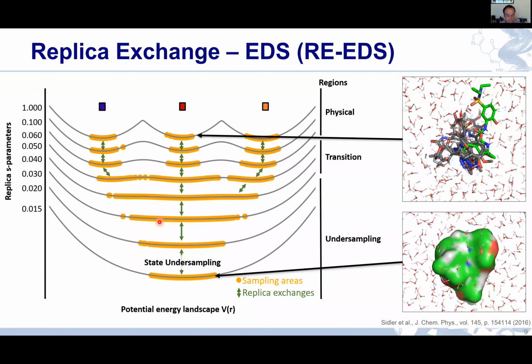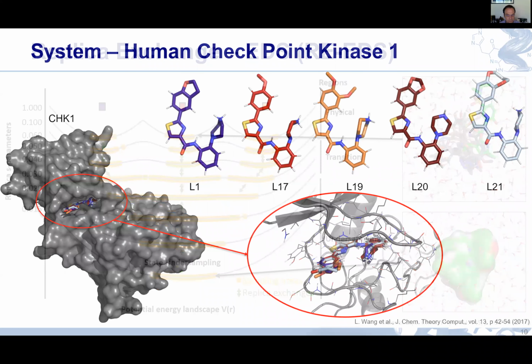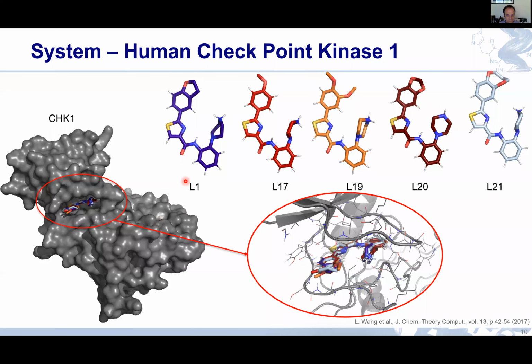And after this introduction into the methodology, I would like to show you the system that we used now in this current approach. This is the human checkpoint kinase 1, which was, so the system was designed by Wang, by Schrödinger for an FEP Plus benchmark paper with a cycle closure approach.